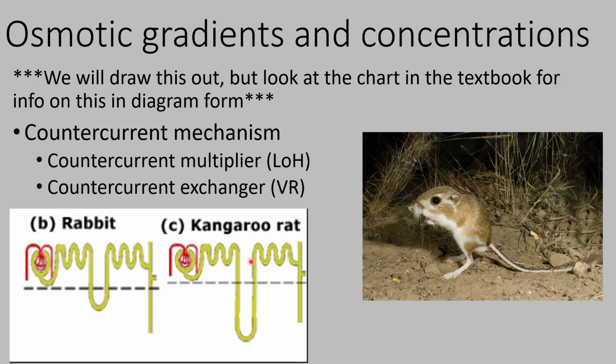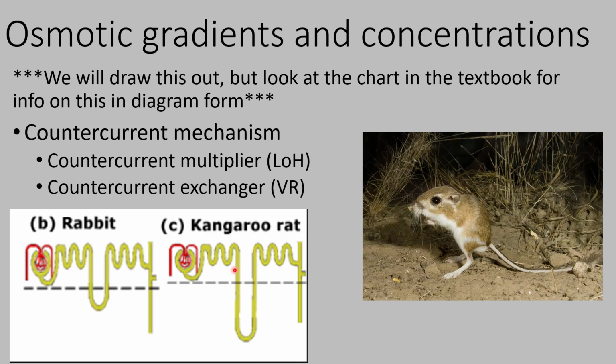Most of their nephrons are juxtamedullary. So most of their nephrons have very long loops of Henle, and they go much deeper into the medulla than ours do. So rabbit kidneys are very similar to ours. Kangaroo rats have very, very long loops of Henle.